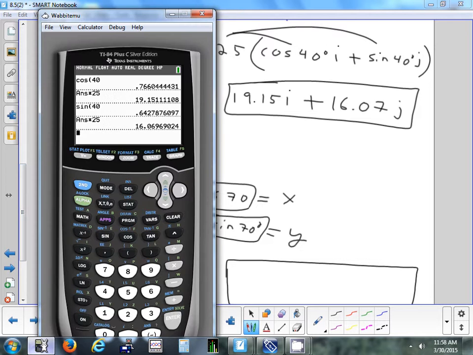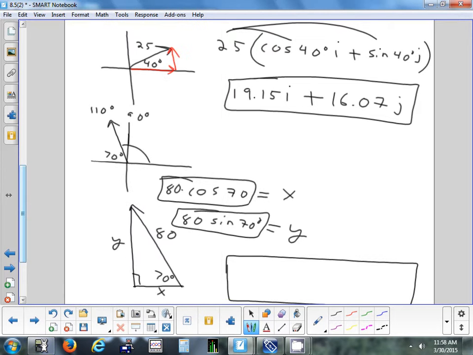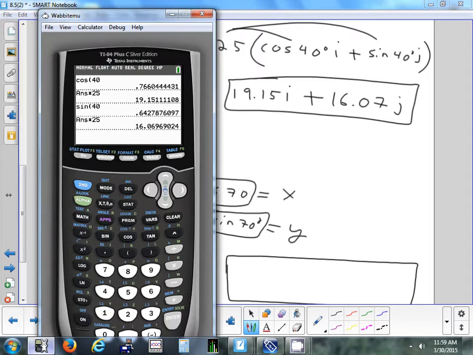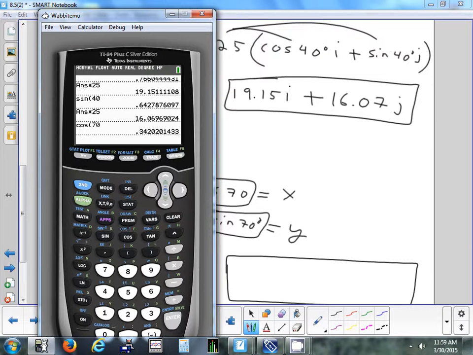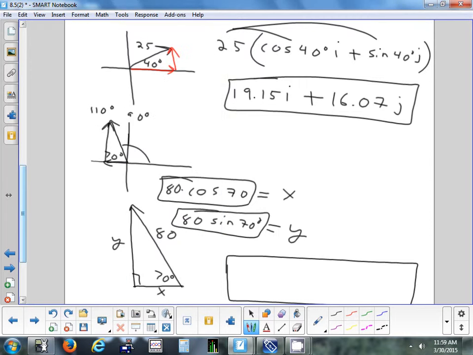Let's see what we got. Now, just remember, when we do it, x is negative, because we're going left and up. Up, y is still positive, but x is negative. So, cosine 70 times 80, and it's going left, so it's negative 27.36.